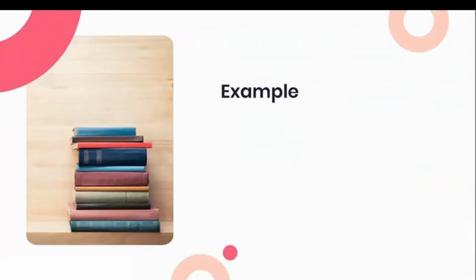Let's look at this sentence. Hannah has many books. In this case, Hannah is the subject of the sentence because Hannah is experiencing something. She is experiencing having many books.